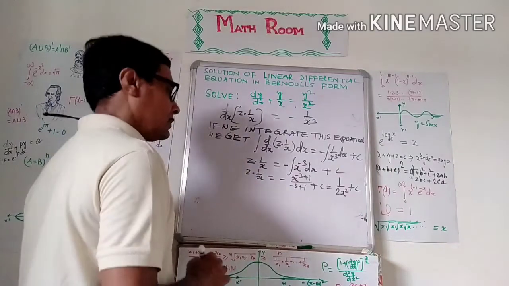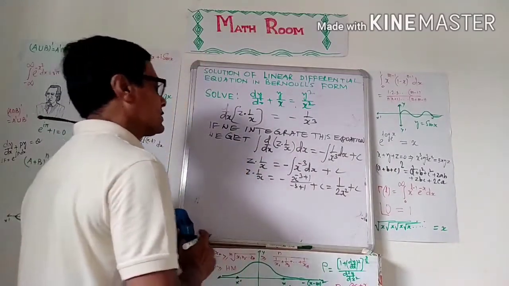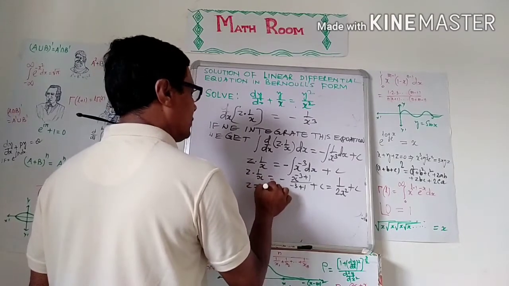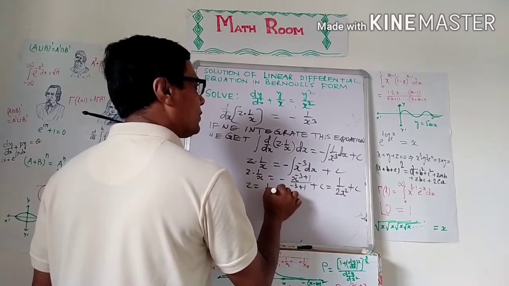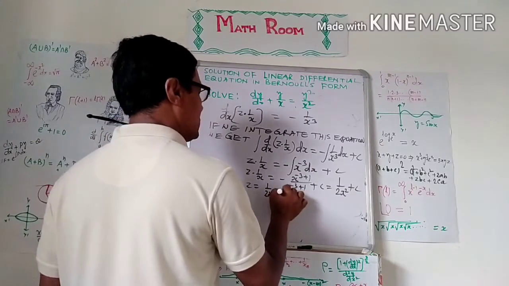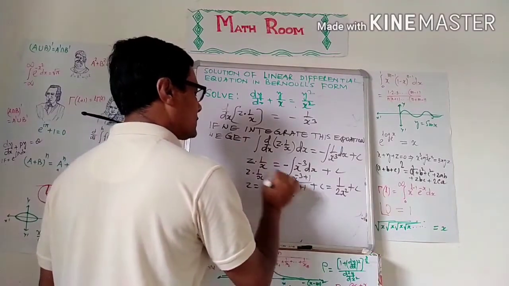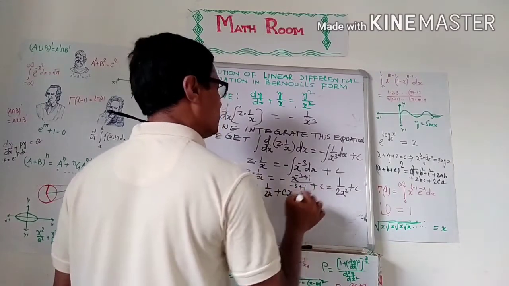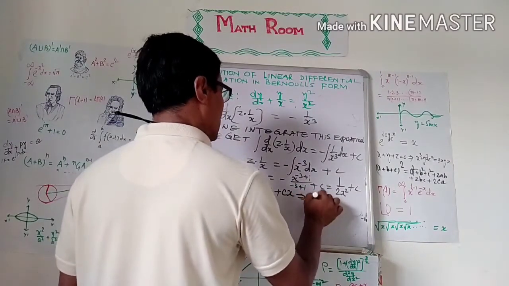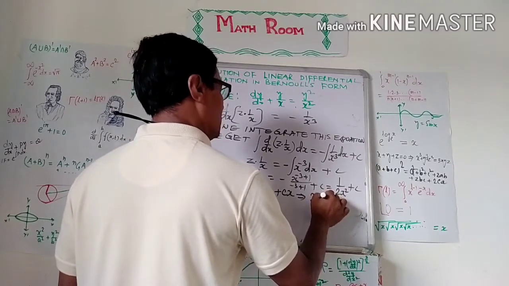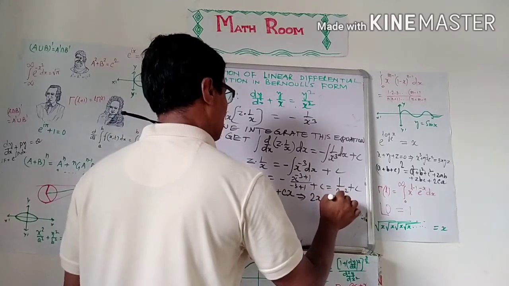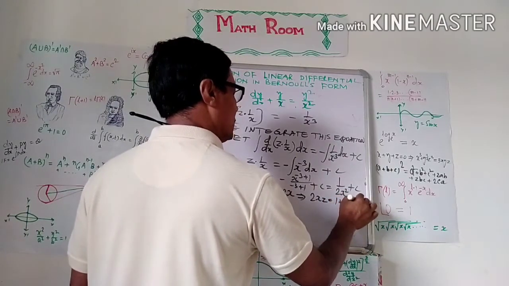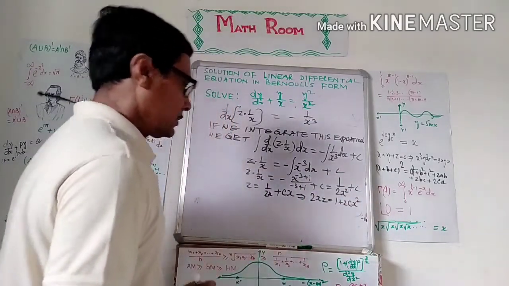So z equal to 1 by 2x plus c into x, which implies 2xz equal to 1 plus 2c x square.